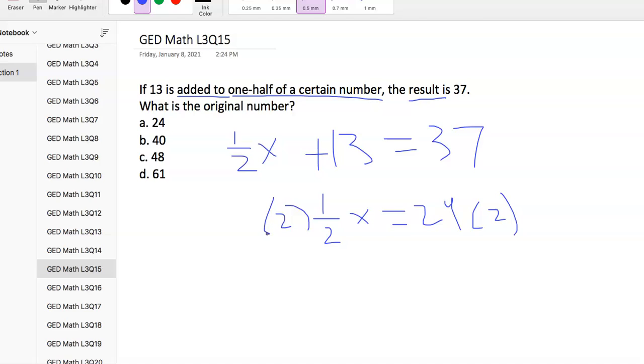Because all I'm doing there is times 2 over 1, right? 2 times 1 is 2, 1 times 2 is 2, so then I have 2 divided by 2 is 1, so it just makes it 1x. So that's all I did. I'm just multiplying by the inverse. And anyway, x is 24 times 2, which is 48. Answer choice C.